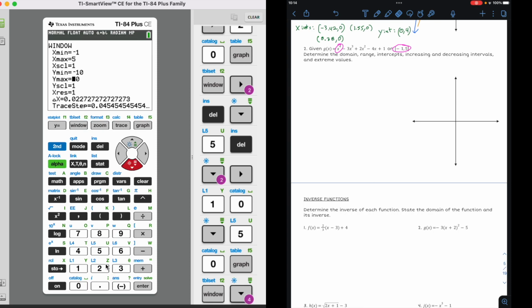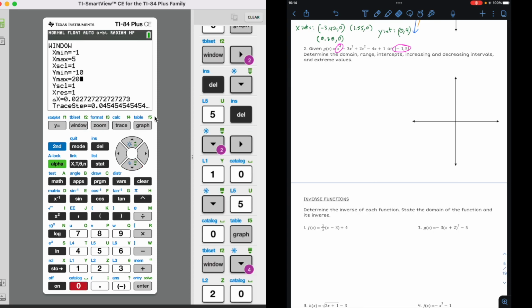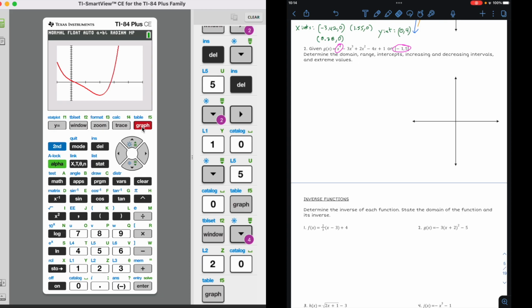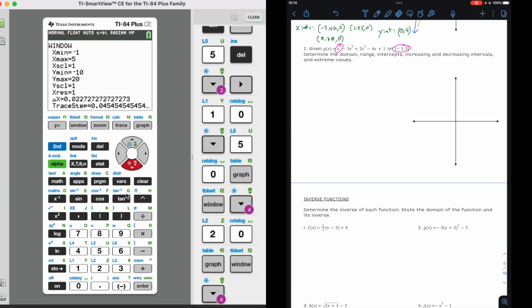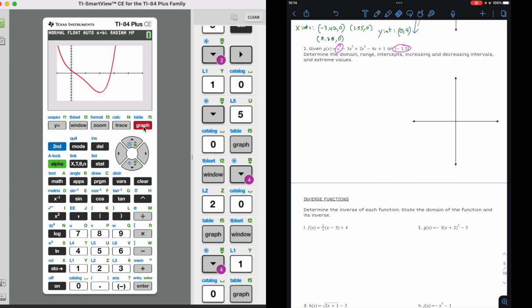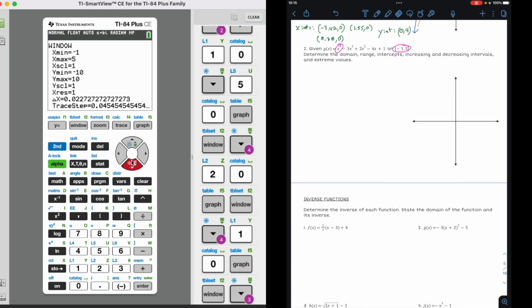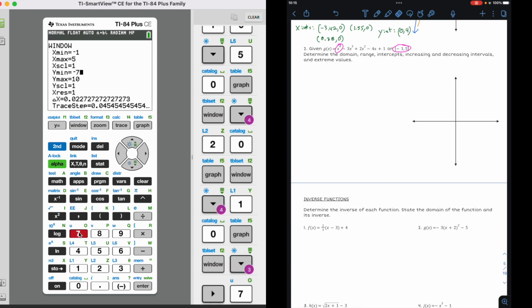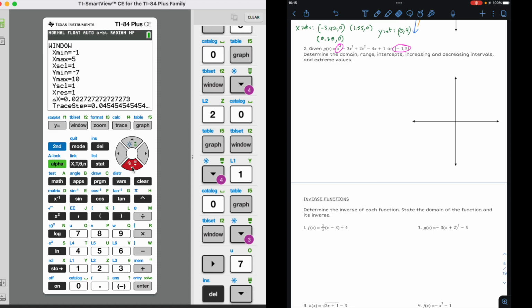If I go down a little bit more, let's try y max of 20. Okay, let's even try 10. We seem like, okay, so we're kind of getting the general idea of things. We can even bring this y min in a little bit, try -7, y max, let's even make 7.